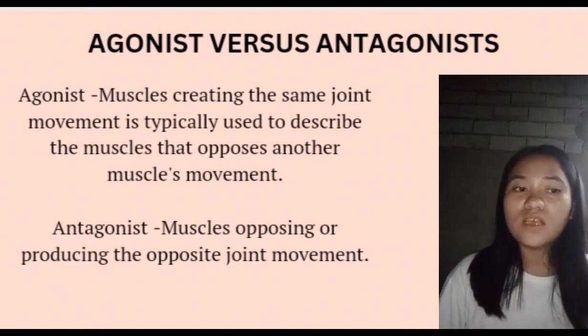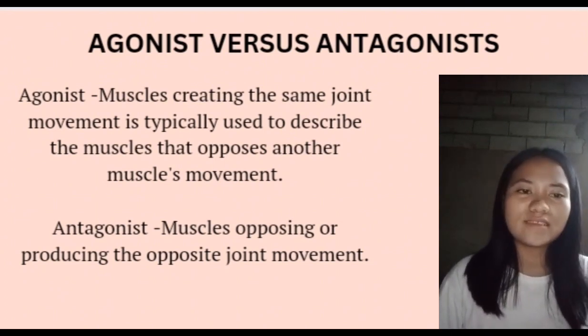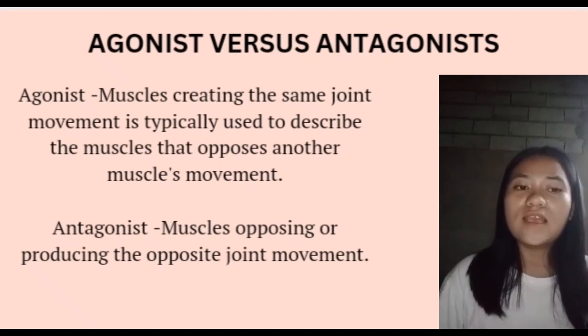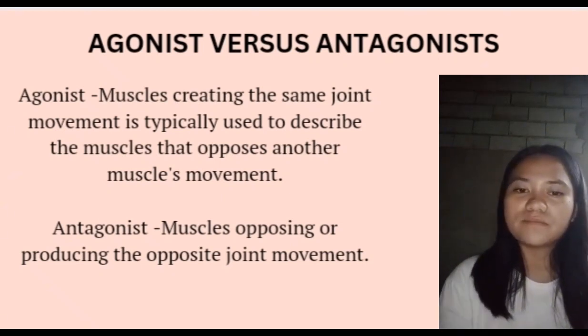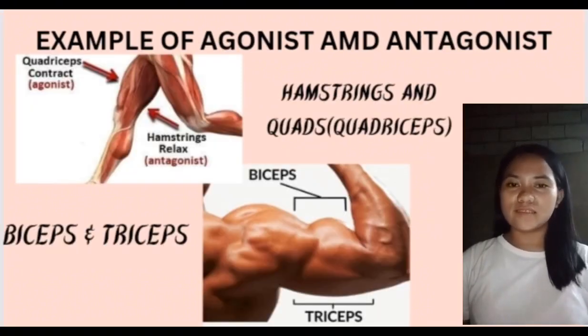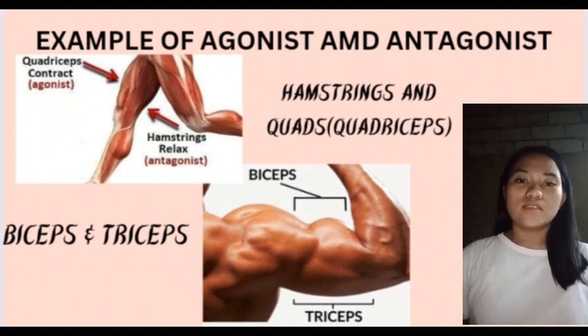The agonist muscle contracts while the antagonist muscle relaxes, allowing for the free movement of our joints and muscles. So here are some examples of agonists and antagonists: the biceps and triceps, and hamstrings and quads.